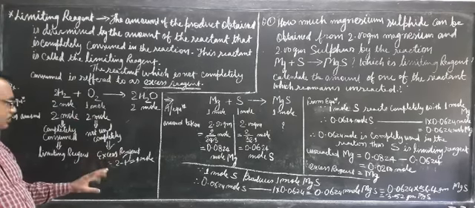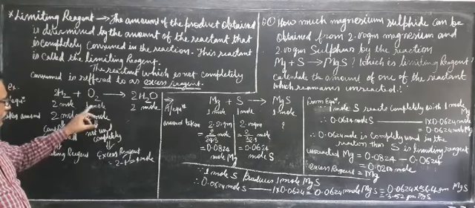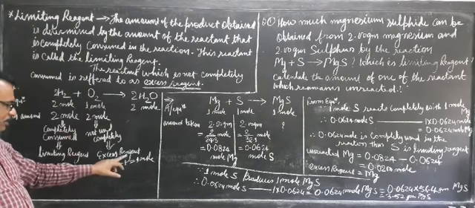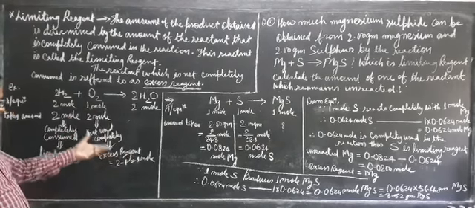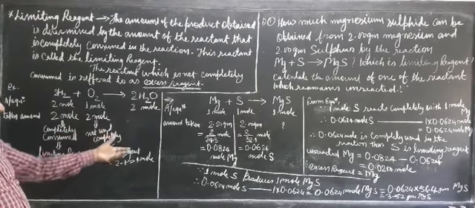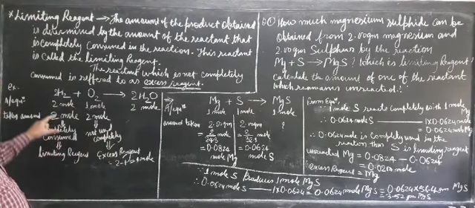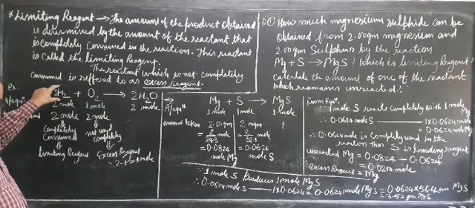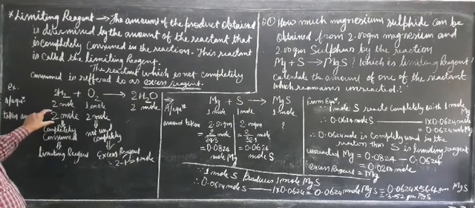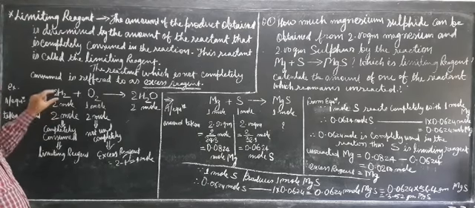How much is it in excess? You have taken 2 mole, only 1 mole is consumed, so 1 mole of the reagent is remaining. So this is the excess reagent by 1 mole. But 2 mole of hydrogen is required, and we have got 2 mole of hydrogen. So that's why this 2 mole is completely used up in the reaction.